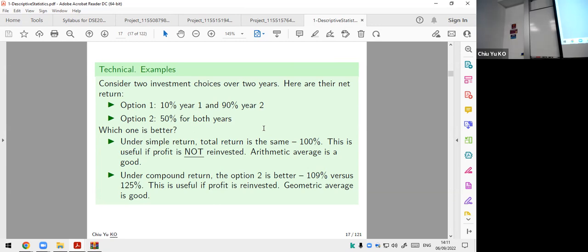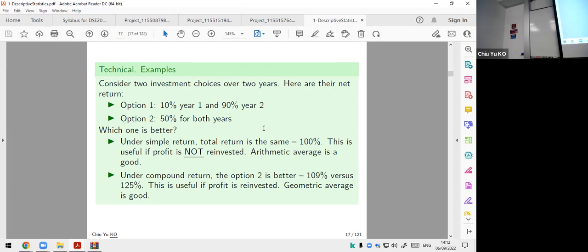But suppose you have a reinvesting opportunity, you reinvest more. Then using compound return, which means you multiply them and then take the square root, the second is better than the first, because the second grows at 50% the first time and then has more to grow again.